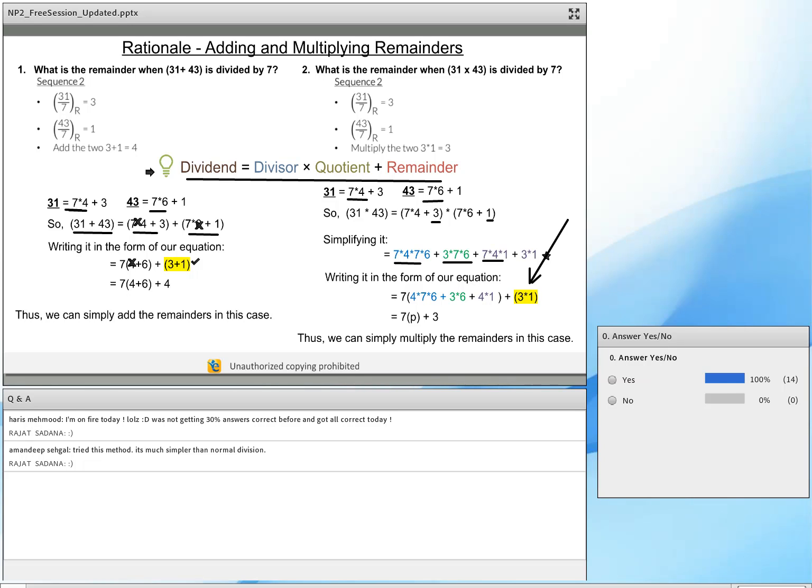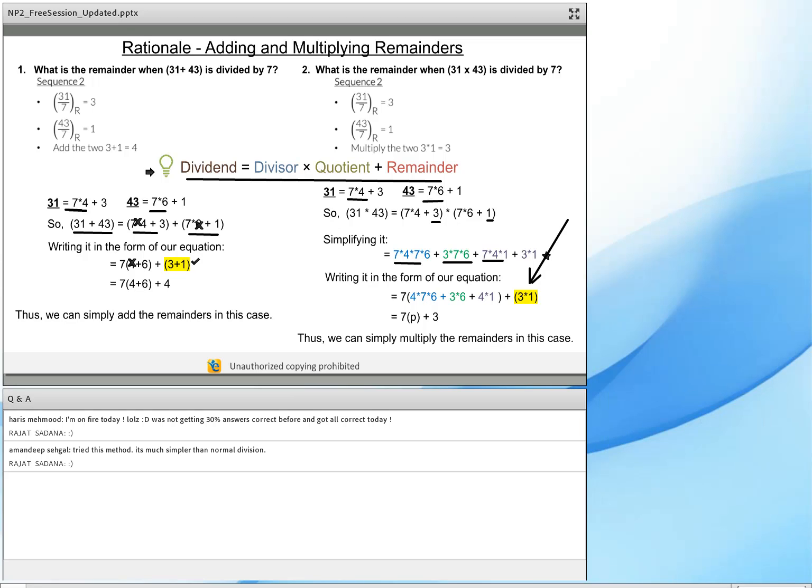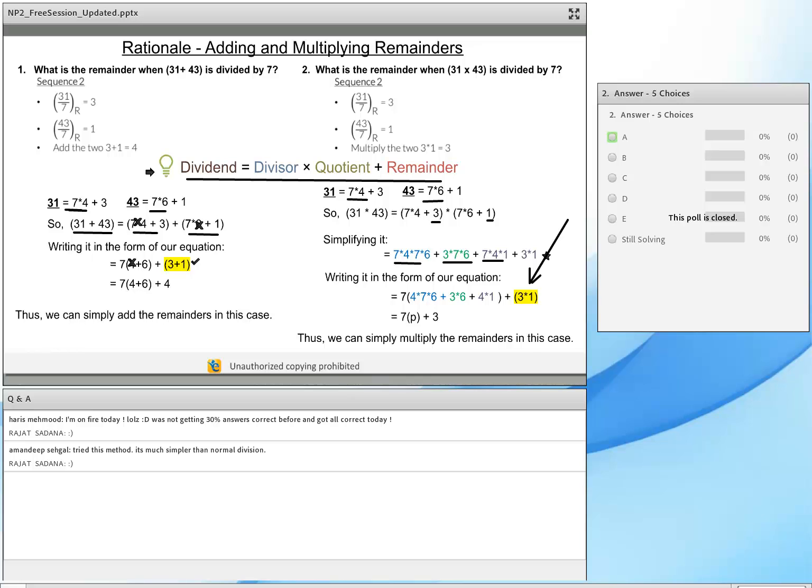All right. So let's use this concept to solve some interesting questions now. Let's clear all answers, and I want to see broadcast results.